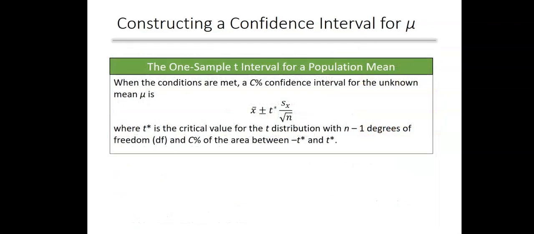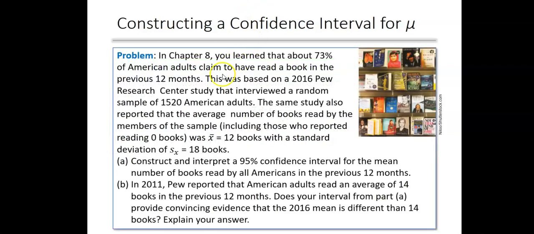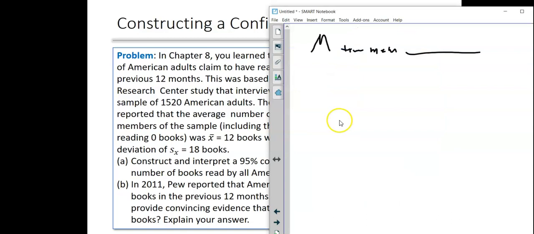So now we're going to plug into that formula. I would recommend writing in the numbers when you do this. So x bar is 12, plus or minus the t critical value. We have to find that, so you would get your calculator out.